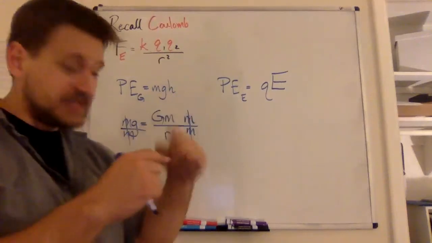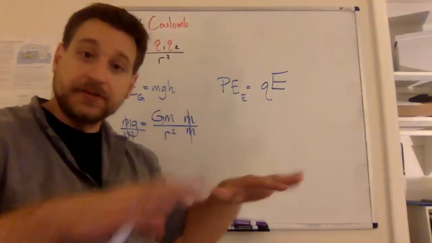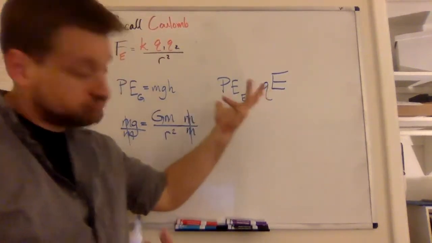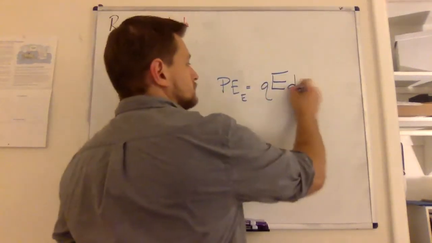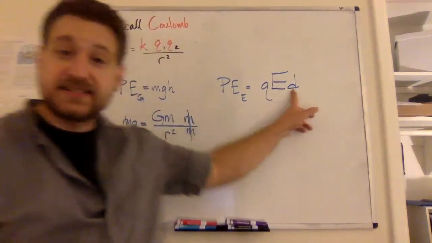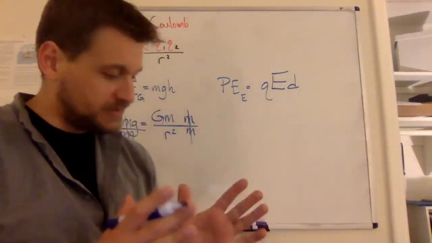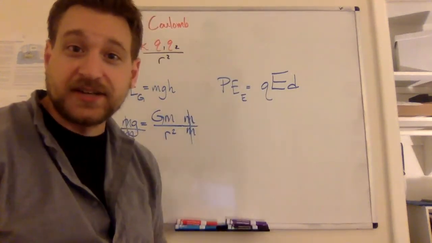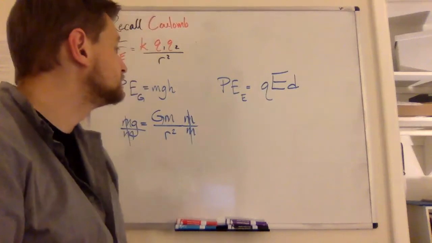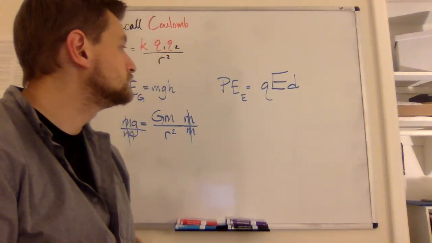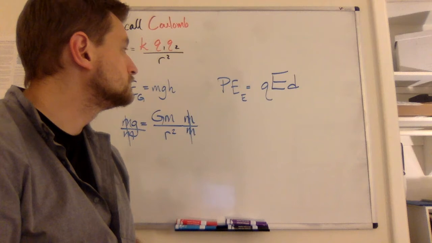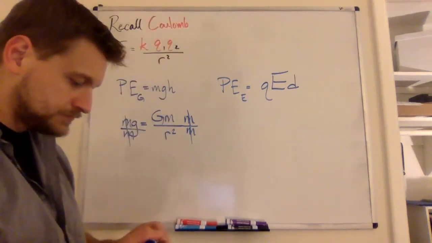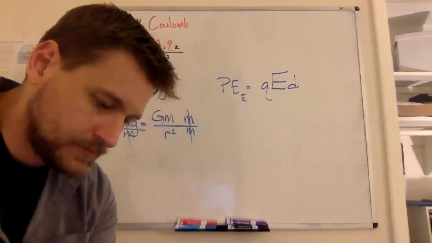h was a distance above the floor, wherever the zero of potential energy was for the given problem. So I'm just going to talk about a distance d, some distance that we are away from a zero of potential energy. There's more.